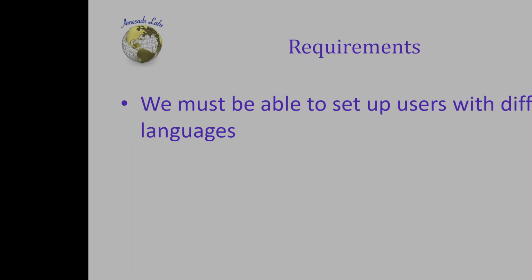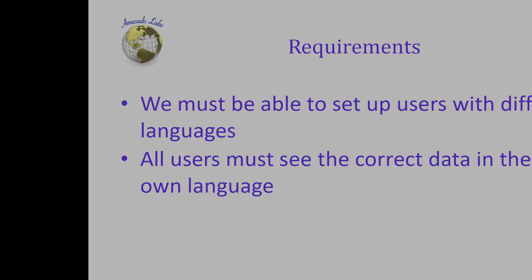So everyone doesn't want to speak Greek when they are sitting in Japan. So that's obvious. All users must see the correct data in their own language. So whatever you type in, your colleague abroad needs to see the same data, but in his own language.